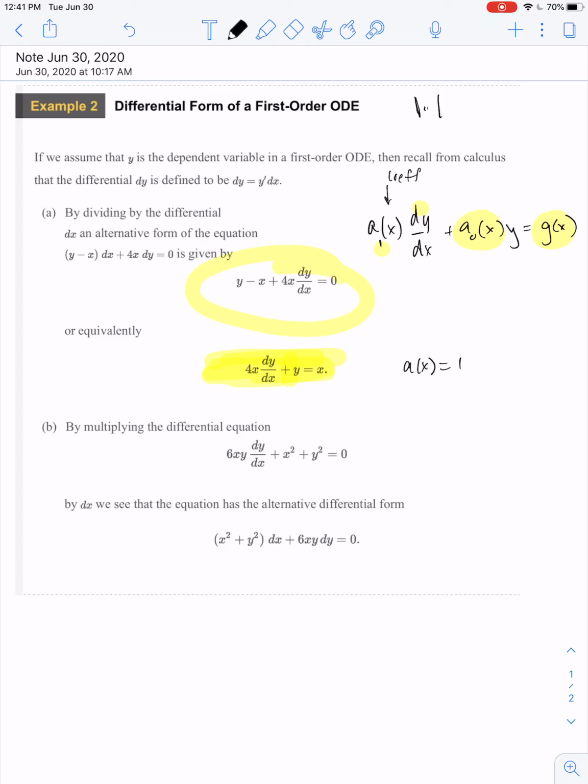So let's go here. So this gives us 6xy dy, plus x squared plus y squared dx, and that's equal to 0. Oh, and that's what they have right down here, of that equation.